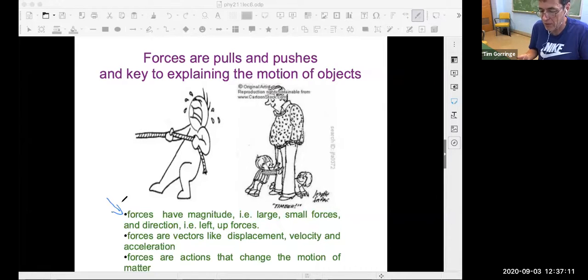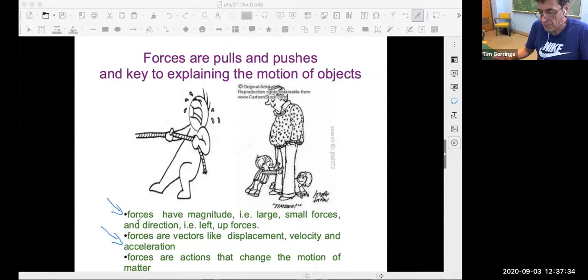So they have both size and direction. So that means that forces are vectors. Just like we met displacement, which was a vector, it has size and direction. Velocity was a vector, it has size and direction. Acceleration was a vector, it has size and direction. So those are other examples of vectors.